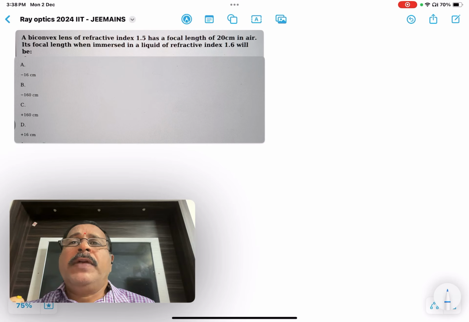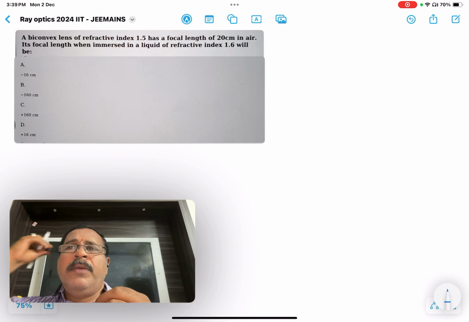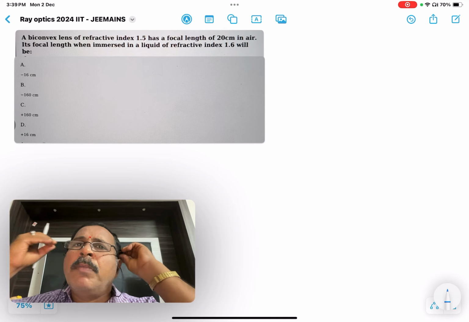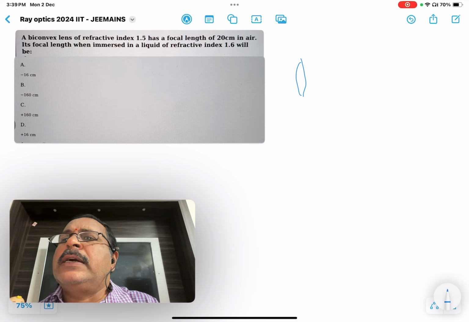A biconvex lens of refractive index 1.5 has a focal length of 20 centimeters in air. What is its focal length when immersed in a liquid of refractive index 1.6? Generally, the focal length in air, F air, is given as 20 centimeters.